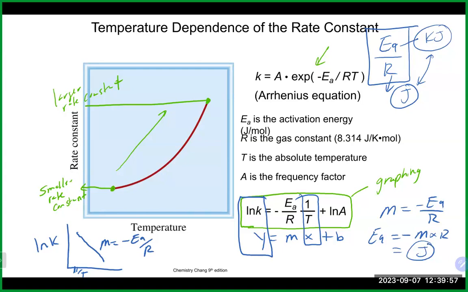So if you take the slope of your line and multiply it by 8.314, the units you get are joules per mole, but basically joules. You want to keep that in mind as well. Sometimes people mess up on that joules, kilojoules conversion, so you want to watch out for that. Any questions on that?